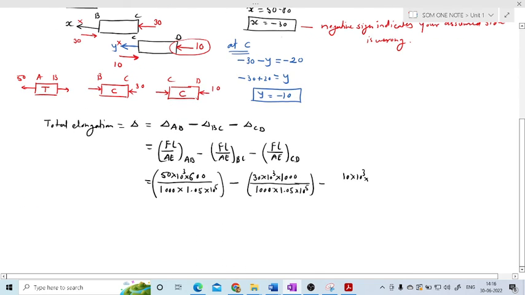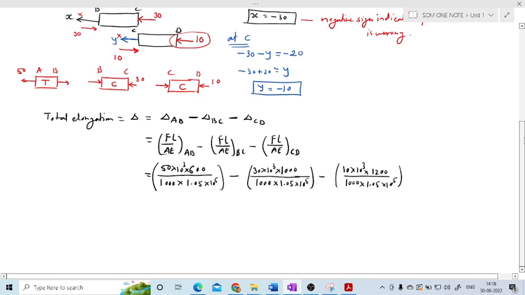So it is 1200 divided by area 1000 mm square, which is given, into the modulus of elasticity, it is 1.05 into 10 raised to 5. So here I have entered all the values from the formula. Now if we solve this one on calculator, we get the answer.